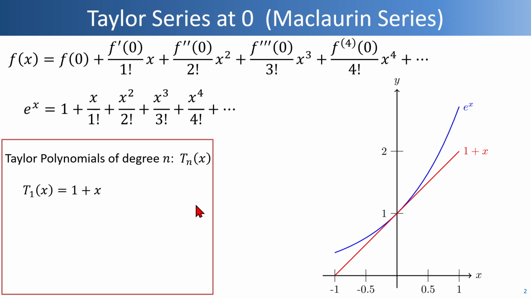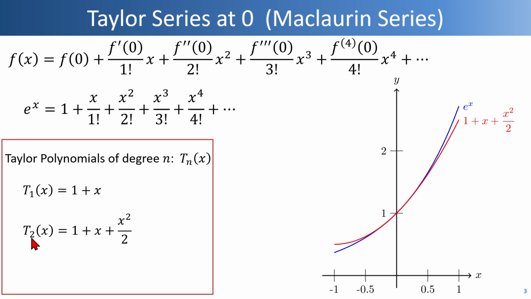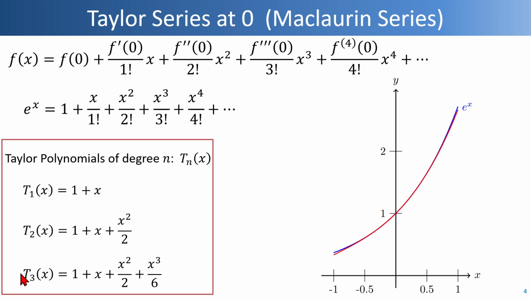If we increase the degree of our Taylor polynomial, say to a second degree Taylor polynomial, now I'm including the x squared over 2 term as well, this curve is closer to the e to the x curve than the T1 polynomial was. And if I include even one more term, the Taylor polynomial of degree 3, that will also include x cubed over 6. Now the Taylor polynomial and e to the x are almost right on top of each other. So it's a very good approximation over the plotted region.